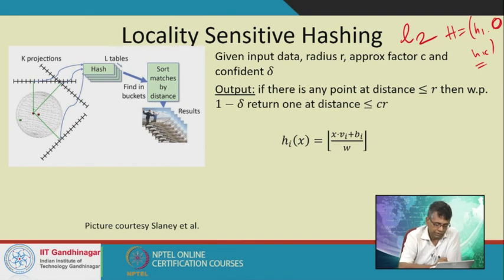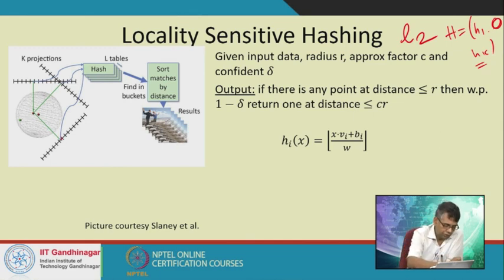To create hi of x, we first choose a random vector vi. We take the dot product of x with vi, we add a shift bi, where bi is uniformly chosen in the range from 0 to w for some hyperparameter w, then we divide by w, and then we take the floor of this.